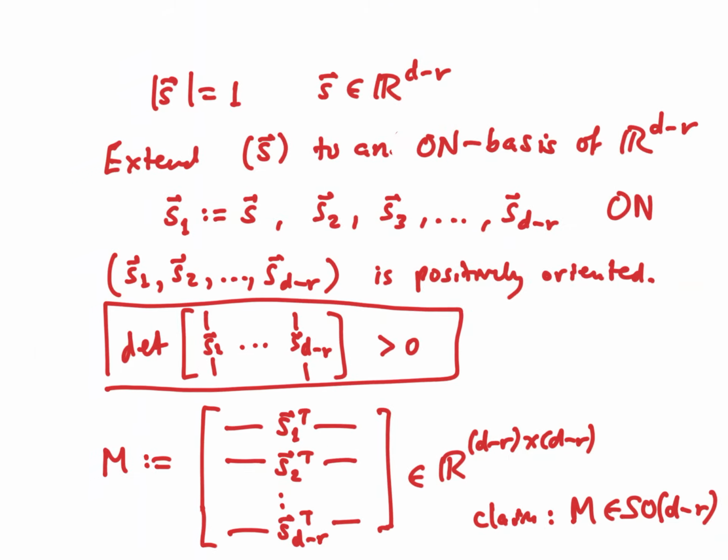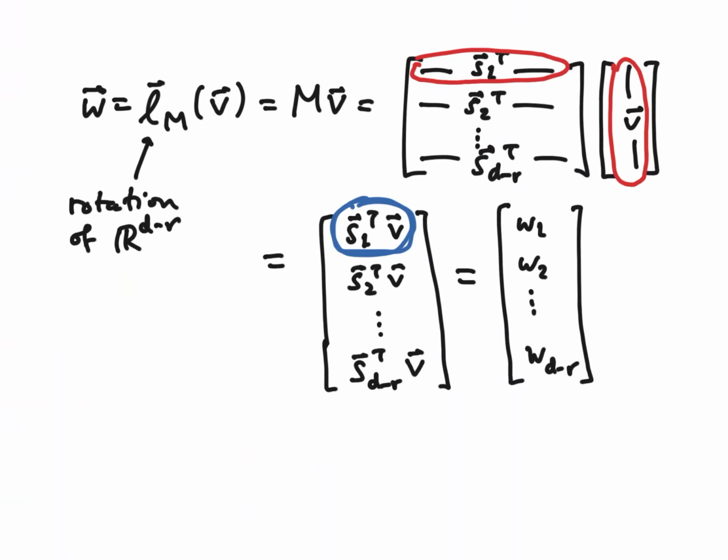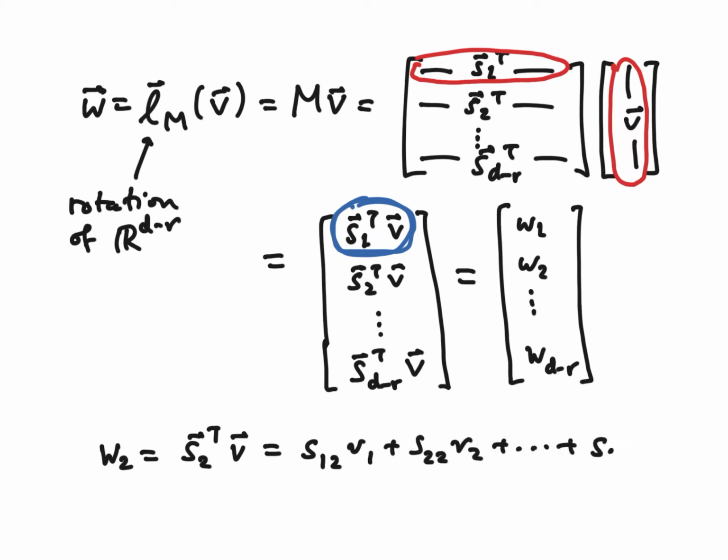Okay, and what about W2 and W3, and what are those? Well, they're just some combinations, but they're irrelevant because they don't appear in the equation. You see, W2, for instance, would be S2 transpose times V. So it's some linear combination of the V's. It would be like S12 V1 plus S22 V2 plus S(D minus R)2 V(D minus R), where these numbers S12, S22 are just the components of this vector, or that row matrix.